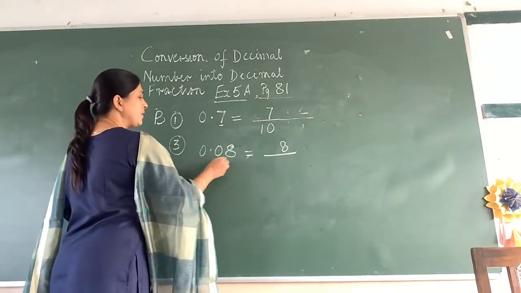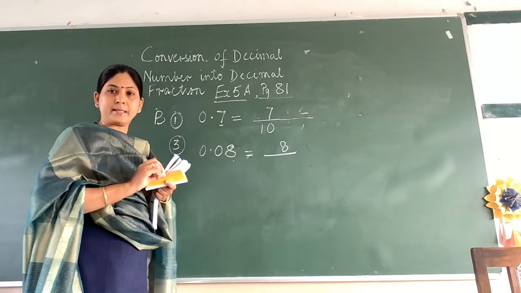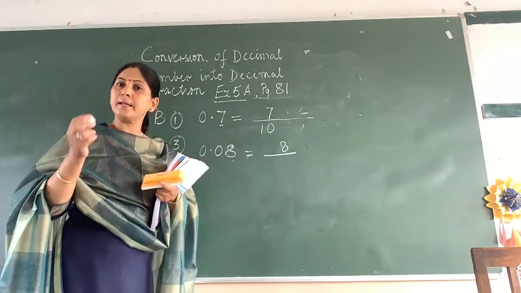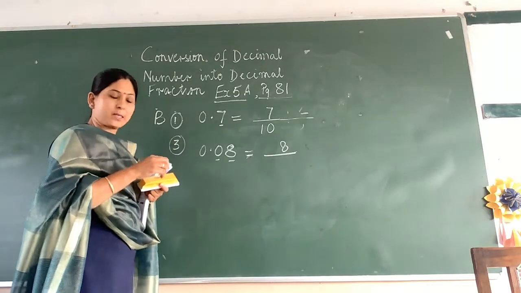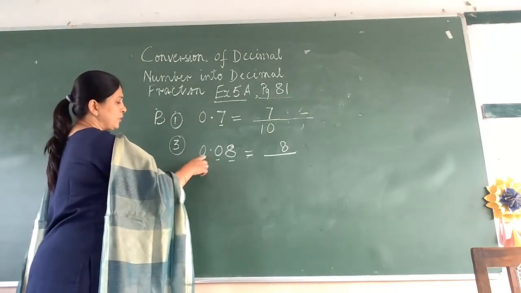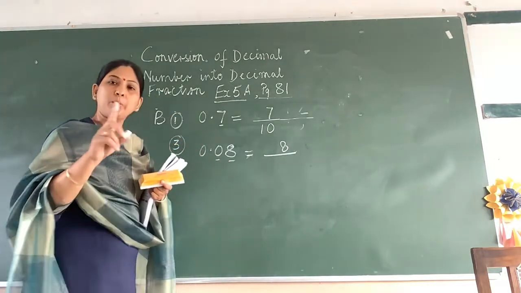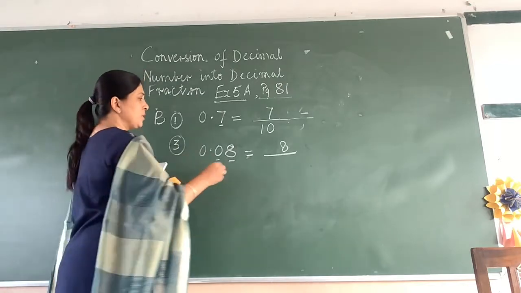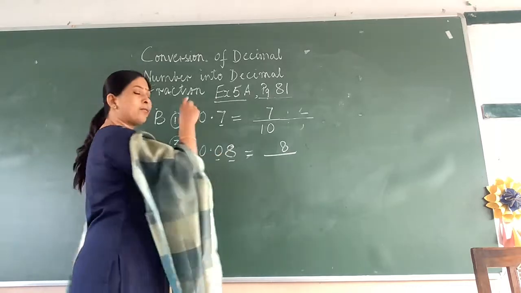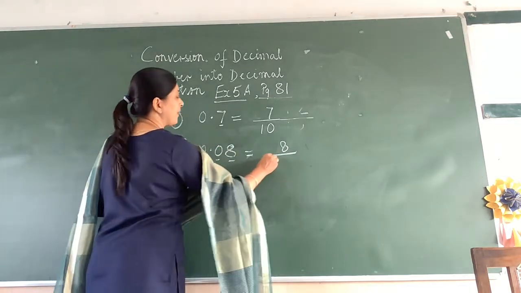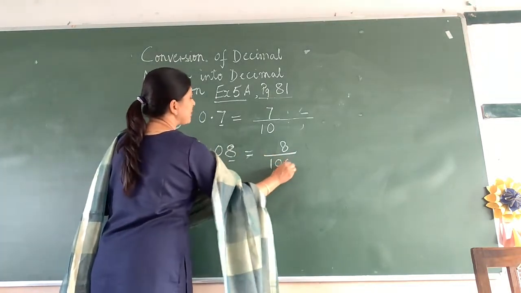Now 0.08 has how many decimal places? Means how many digits are there after decimal point? There are 2 digits after decimal point. So 0.08 has 2 decimal places. So that means what will be our denominator then? If there are 2 digits after decimal point, denominator will contain 1 and 2 zeros.